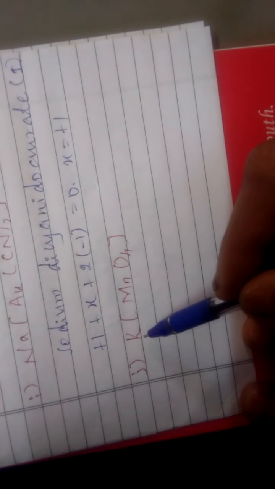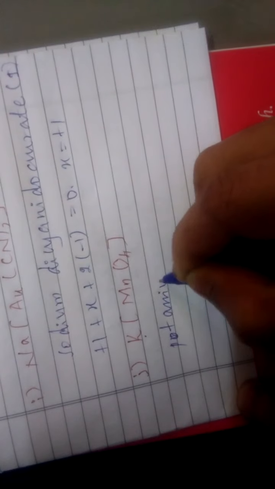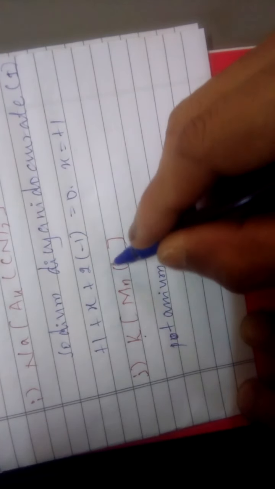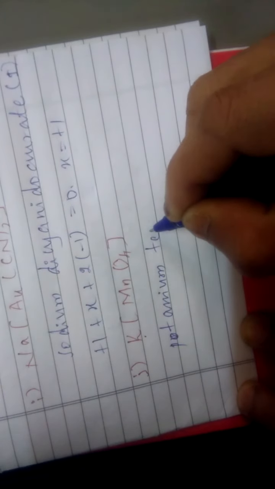Okay. Next one is KMnO4, potassium permanganate, usually we call that KMnO4. While naming this one, this is the counter ion and this is the anionic complex. So it is potassium, here O4 means it is tetraoxido.